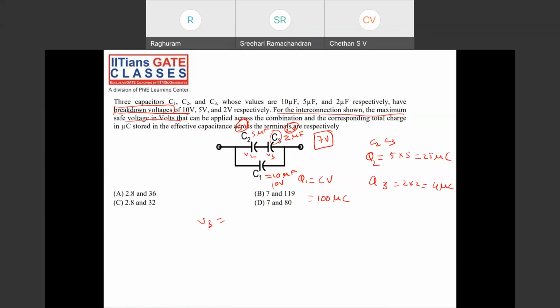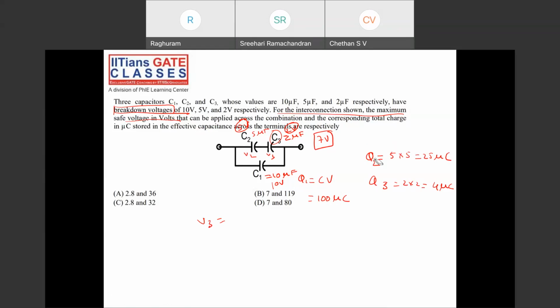How is that possible? C2 and C3 are in series, so how can they be different? Correct. Q2 and Q3 cannot be different. They are in series, so Q2 should be equal to Q3.